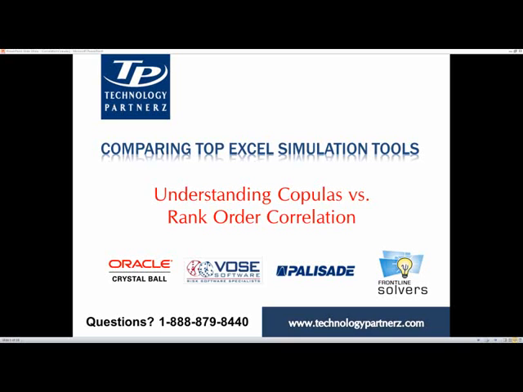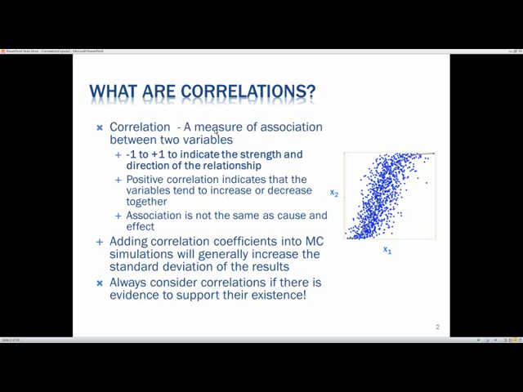So the first step is to define what correlations are. Correlation is a measure of association between two variables. If we're working with Spearman or Pearson's correlation coefficients, it's between -1 and +1 to indicate the strength and direction of the relationship.